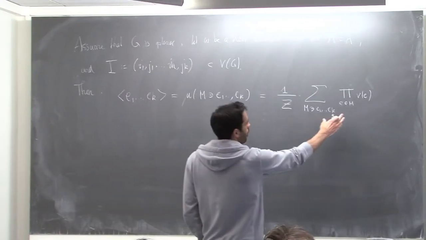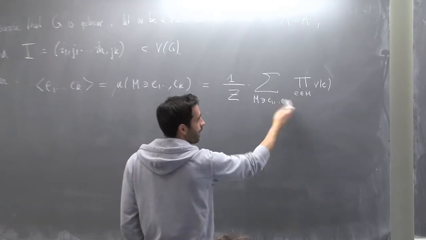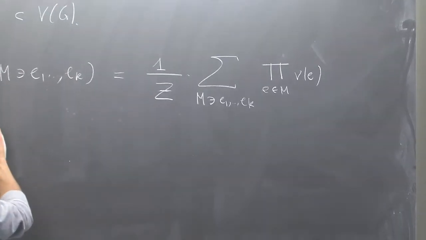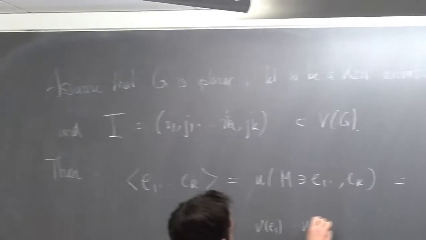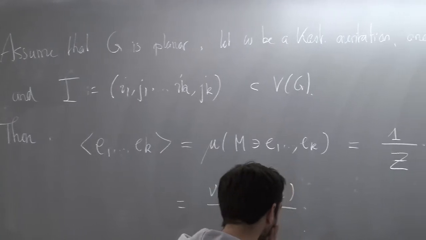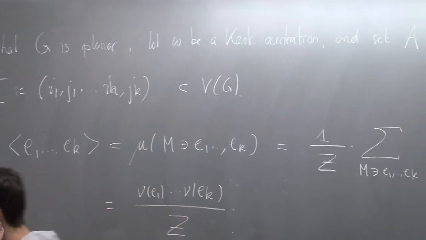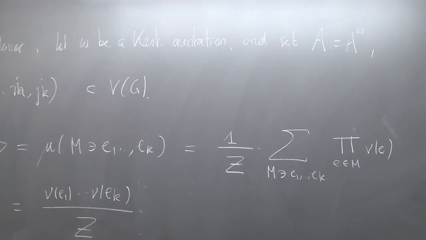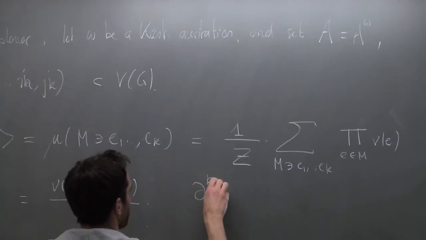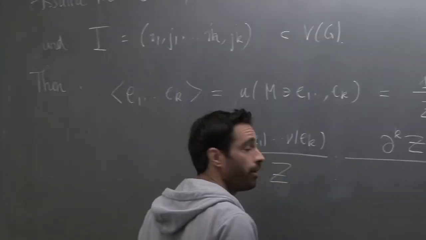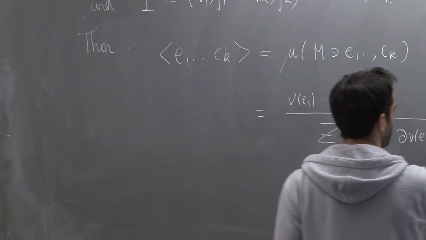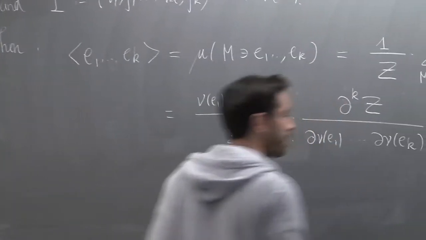Now I can factor out all the weights of these edges, so I get nu(E1) ... nu(EK) over Z times, and here I claim I get the derivative of the partition function with respect to these weights.